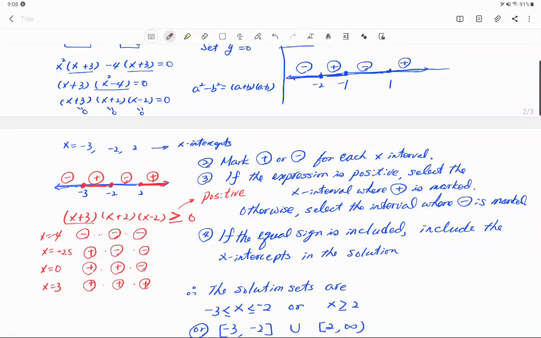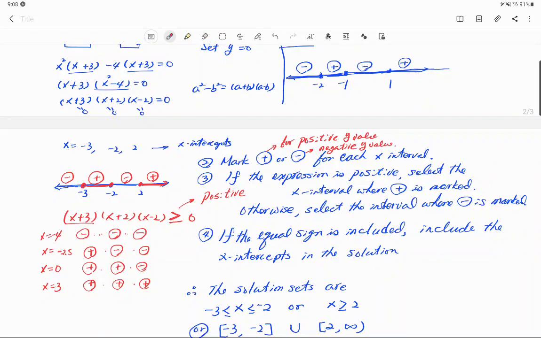For each interval, find the sign of y, whether y is positive or negative. Mark plus for positive y values and minus for negative y values.